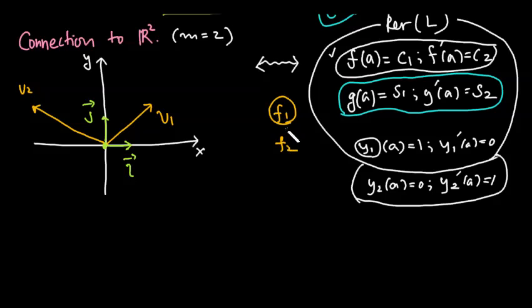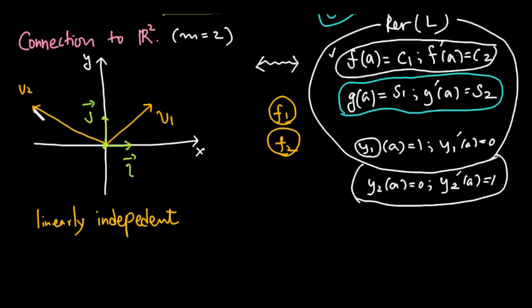We found those two functions in this space, and their function value and derivative correspond to these two vectors, v1 and v2, in the xy plane. As long as they are not parallel to each other, in fancy linear algebra language, they are linearly independent. Like this, linearly independent in this two-dimensional version is the same as these two vectors not being parallel or completely opposite to each other. That's the equivalent version.